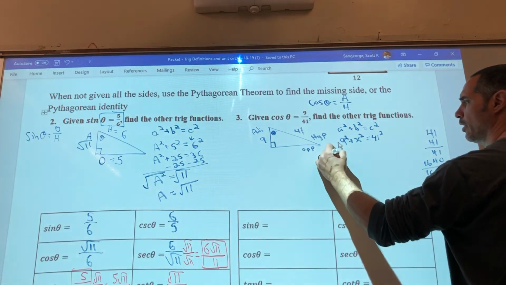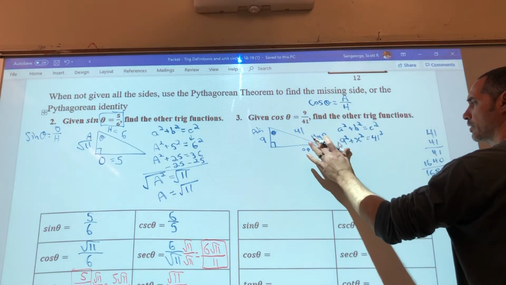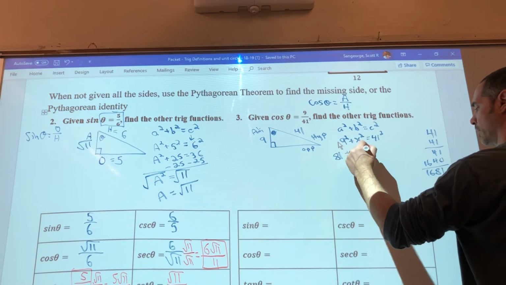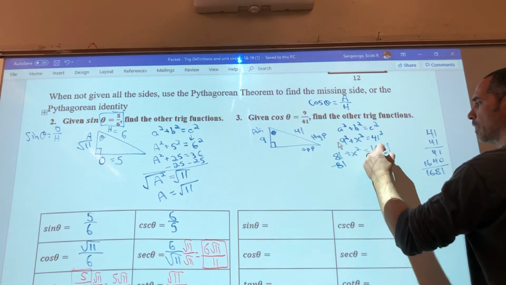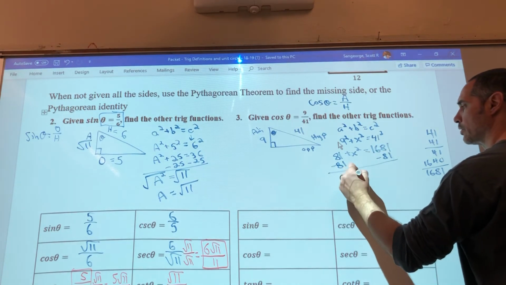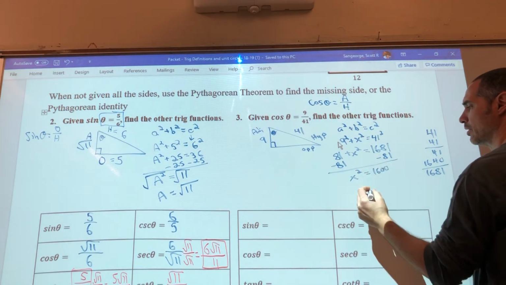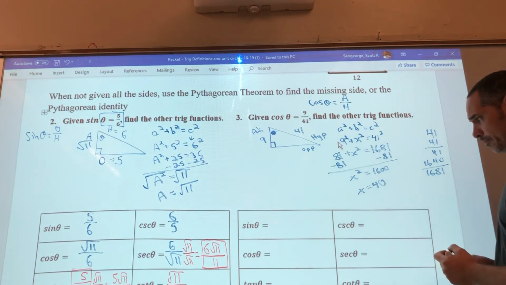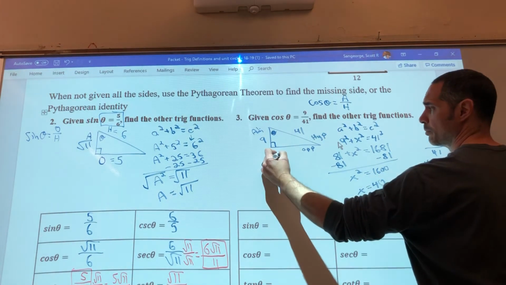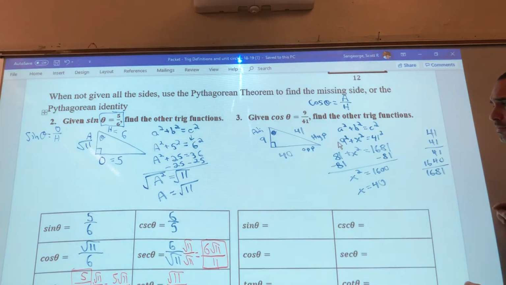So I get 81 plus x squared equals 1681. Subtract 81 from each side. So we get x squared equals 1600. So x equals 40. So this will be 40 down here.